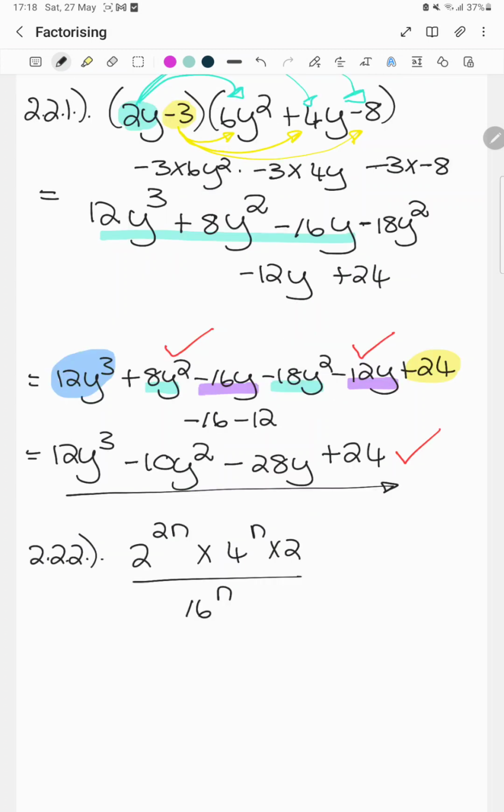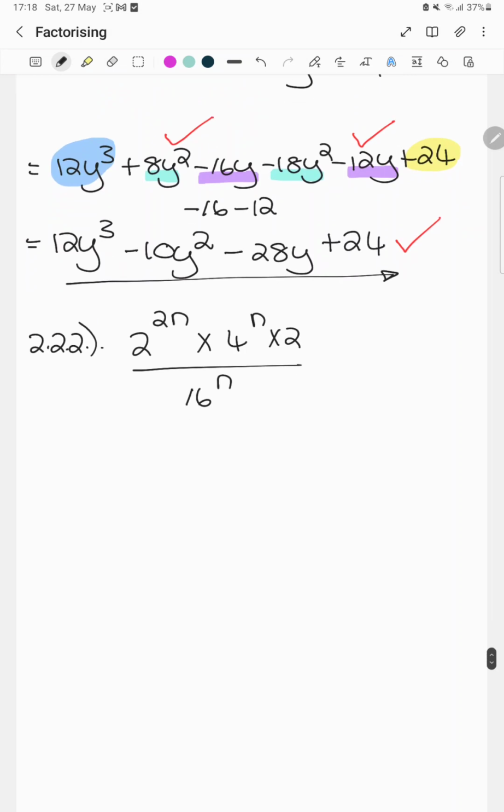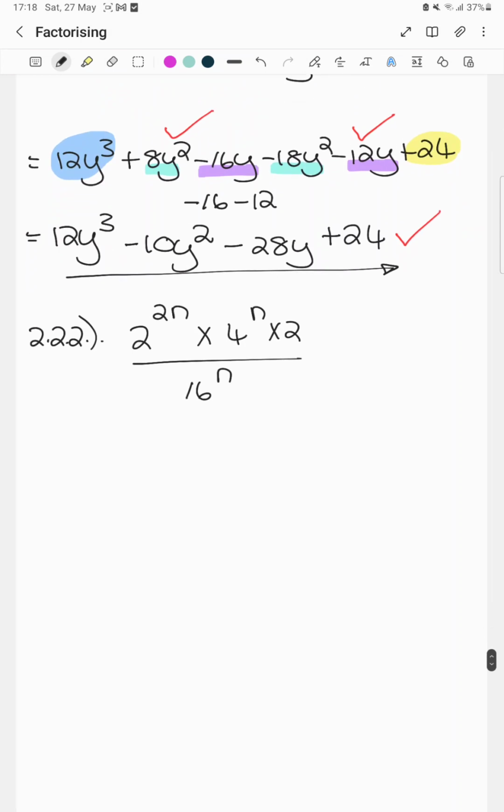Now let's have a look at question 2.2.2. What you immediately have to see is that my unknown values, my letters or my variables, are in my exponents. That means this is going to be how to solve an exponential expression.